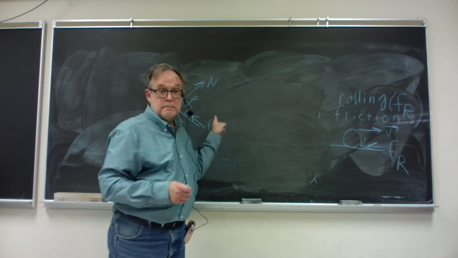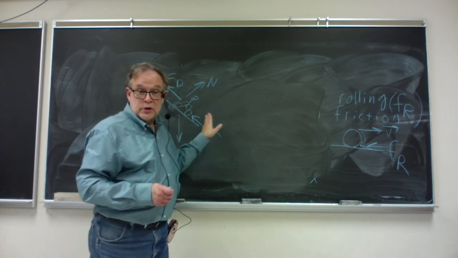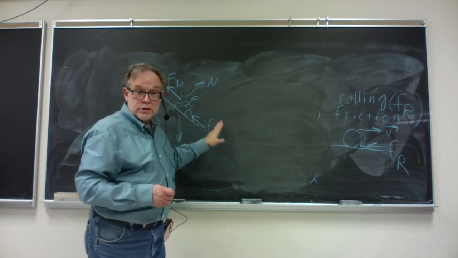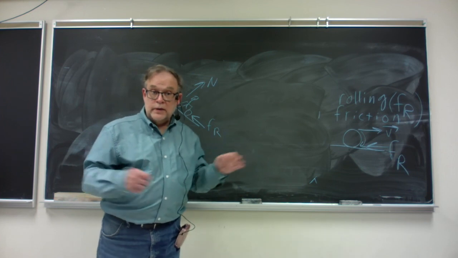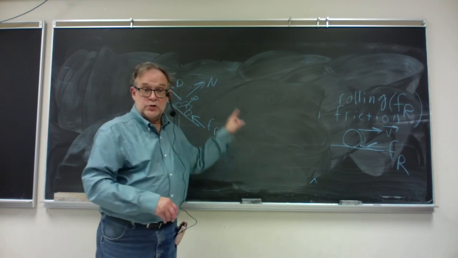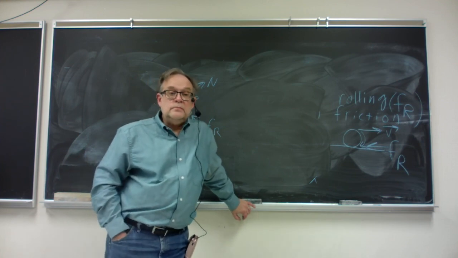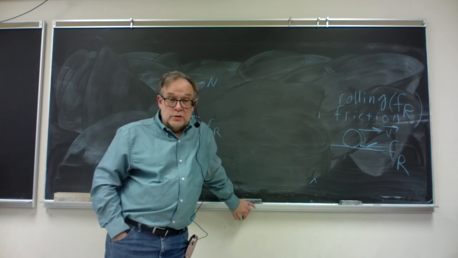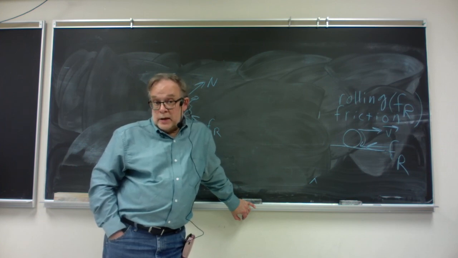Right? In this case, the road in contact with the moving object was the source of a normal force and a rolling friction force, and then the air in contact with the moving object was the source of a drag force. Every force except weight is like that.